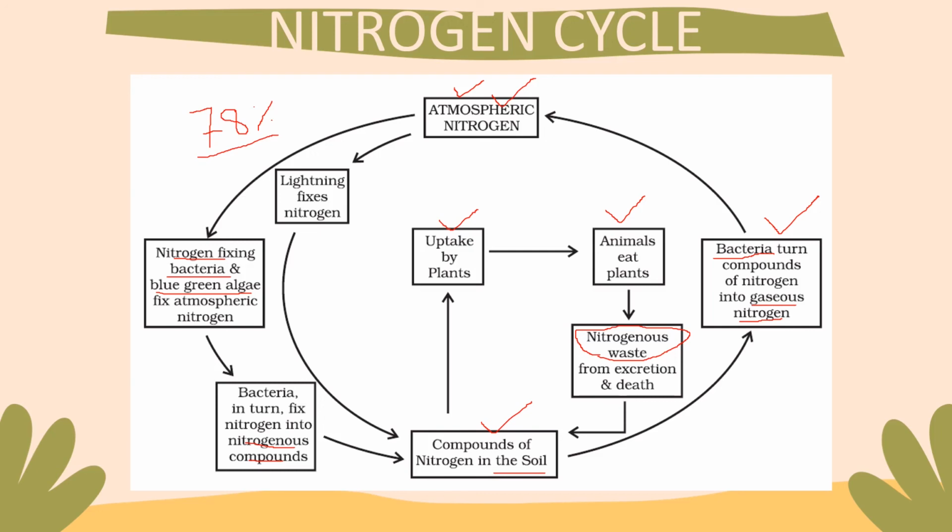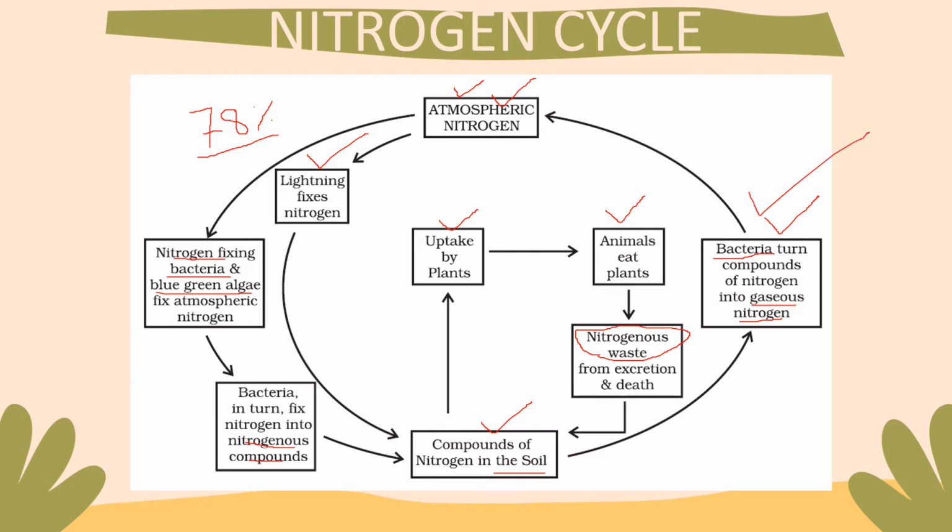The third way is, we already discussed that nitrogen fixation can also happen naturally by the lightning process. So lightning fixes nitrogen compounds. Now the other part remains the same. Either it can be taken up by the plants and then by animals, and then nitrogenous waste is again absorbed by the soil, which is acted upon by the bacteria.